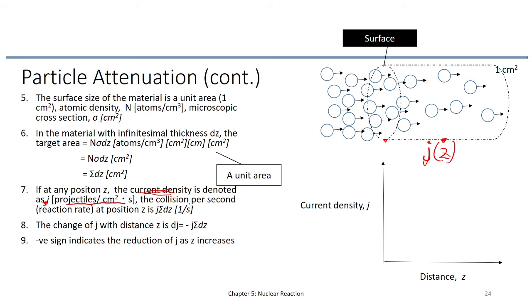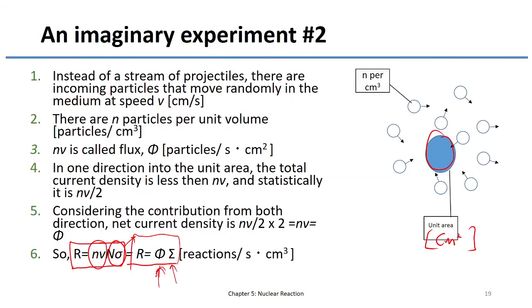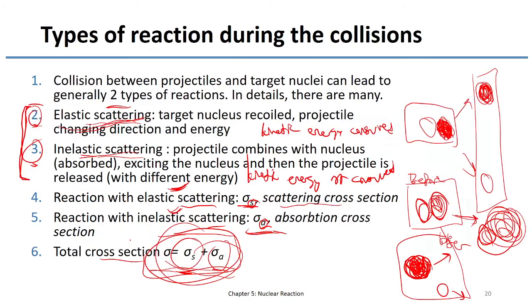So the collisions per second, or the reaction rate per second at position z, is the cross section multiplied with the current density, like we did here. That is the current, and that is the area.